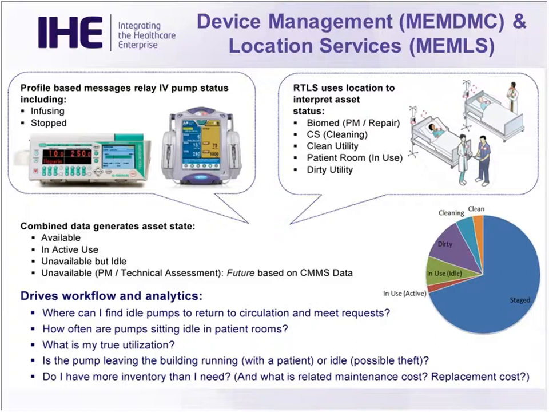And we also pay attention to it as it goes beyond the hospital's structural environment. MEMLS also supports GPS-based location identification. Obviously, a clinician wouldn't care so much about that, and that's why we support the hospital structural identification of location.